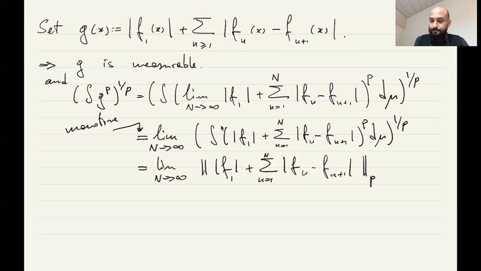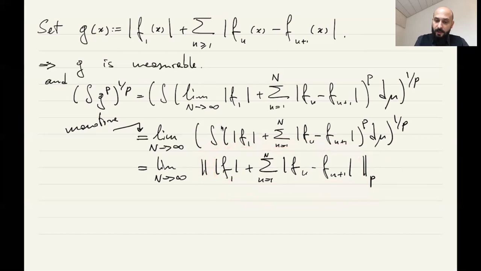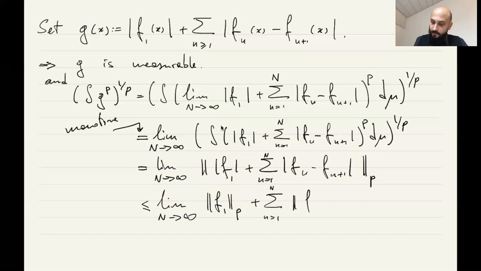We know that the norm, by the Minkowski inequality, is a norm. So the norm of these finitely many vectors, this is a finite sum, we can bound it by the sum of the norms. This I can write as the norm of f_1, I can remove the absolute value, plus the sum from 1 to n of the p norm of f_n minus f_{n+1}.